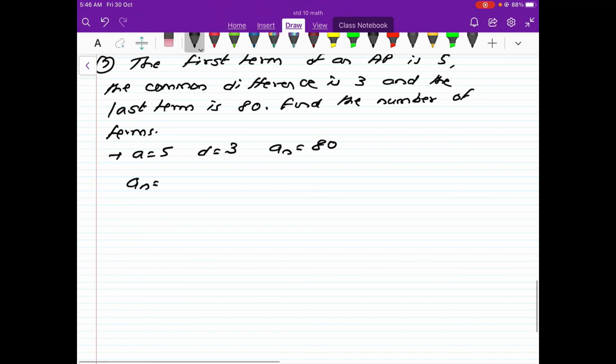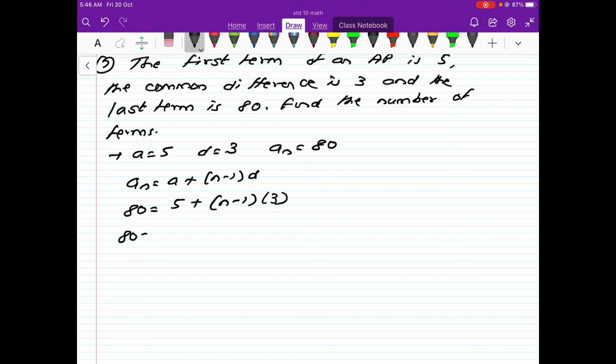Putting in the same formula, an is equal to a plus n minus 1 into d. What we don't know here is n. So we'll just put down the values. an 80 is equal to 5 plus n minus 1 into 3. So 80 minus 5 is equal to 3n minus 3. 75 plus 3 is equal to 3n. 78 is equal to 3n. 78 upon 3 is equal to n.